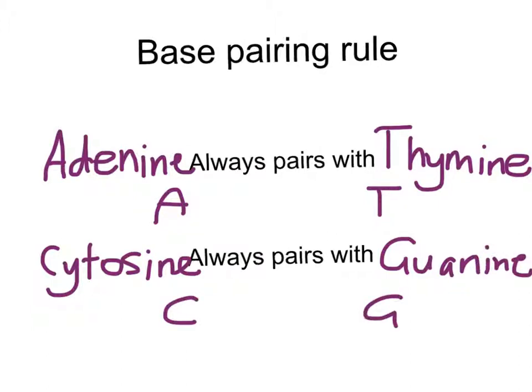C always pairs with G. This is always the way that it is in DNA, and as we touched on previously, because of the particular shape of these molecules, they can never pair the other way around. So if you see an A on one side, there will always be a T corresponding to that, and likewise with C and G, they always get paired up together.